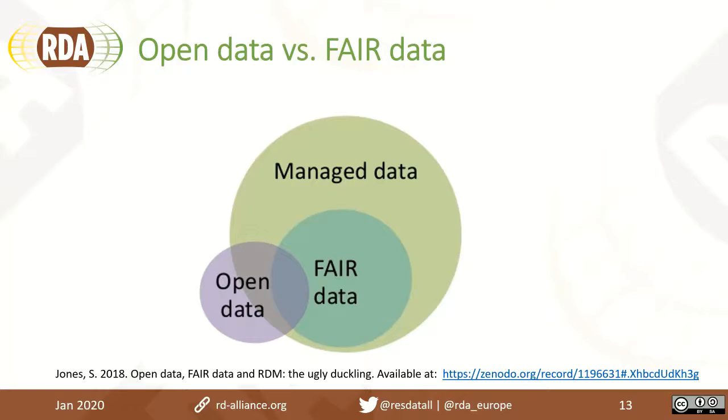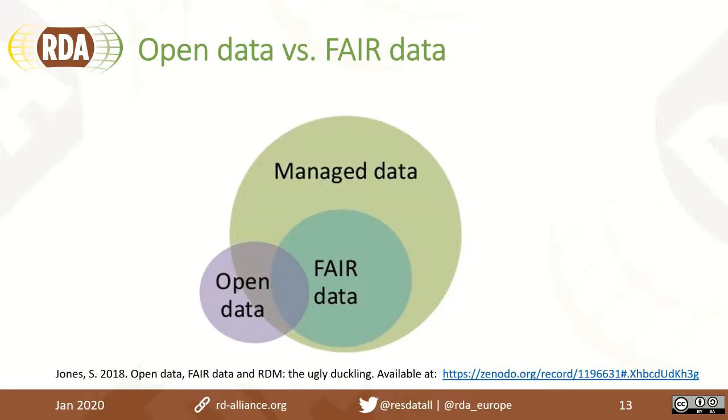So when I'm talking about open science, it doesn't mean everything needs to be open for everyone. There are sometimes legitimate reasons for data not to be completely open, but all data that is fair is managed data. So if data is not managed, then it cannot be fair, because what makes the data fair is in great part this richness of metadata.